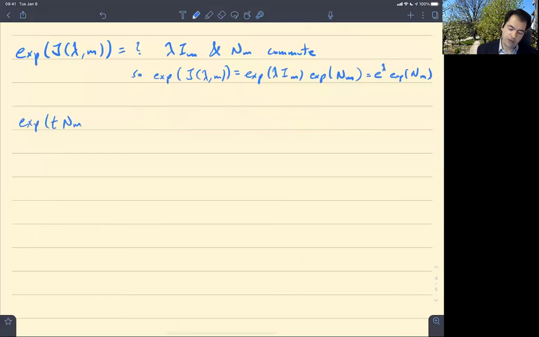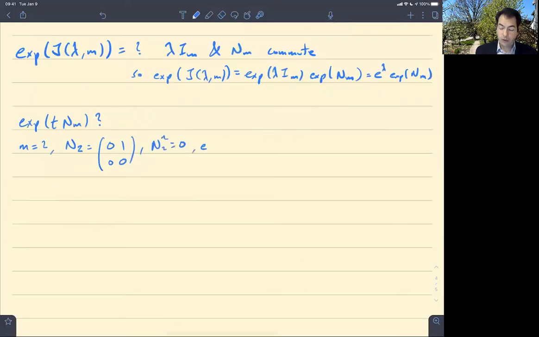Let's go ahead and put in the t variable. So what's the exponential of t times N m? Well, let's look at the first few cases. If m is equal to 2, then N2 is the matrix 0, 1, 0, 0. So if you square that matrix, you get 0.